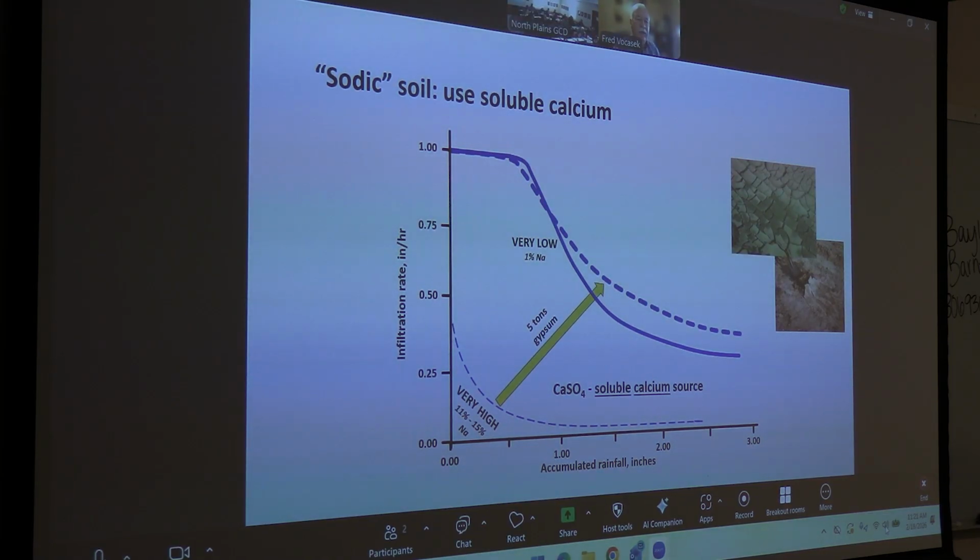So if we've over-applied sodium to the soil, we go back and over-apply soluble calcium to the soil. Calcium replaces that sodium and starts to help bring those aggregates together. In this experiment, they used 5 tons of gyp, and they were able to take a very high sodium soil and take it up to the equivalent of a very low sodium soil.